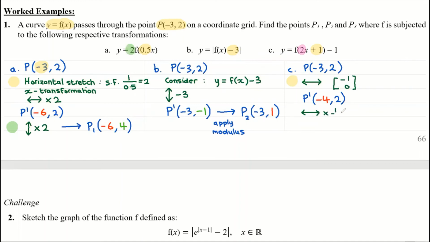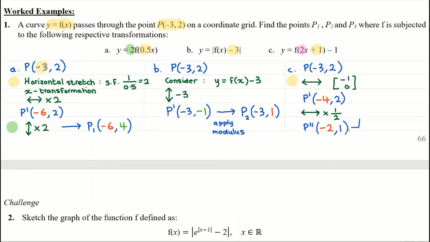So I'm going to multiply by 1/2, okay, in my x direction. So my x coordinates are now going to be halved. And if I do that, I'm going to call this p double dash. If I halve my x coordinates, that's going to give me -2. Okay, so the x coordinate changes again. Nothing happened to the y coordinate yet. That will all change now.